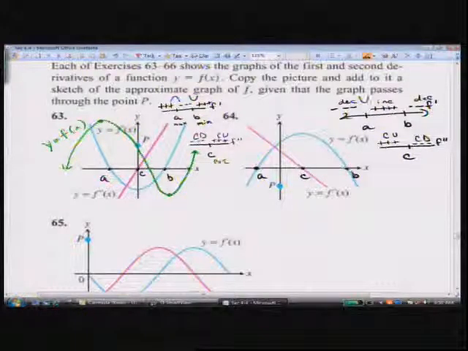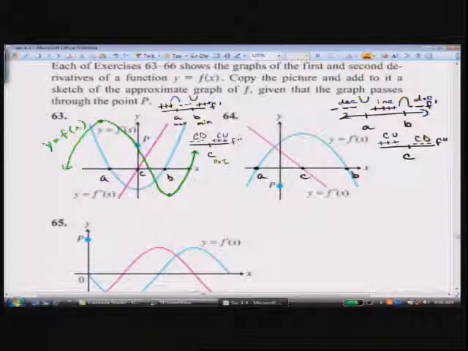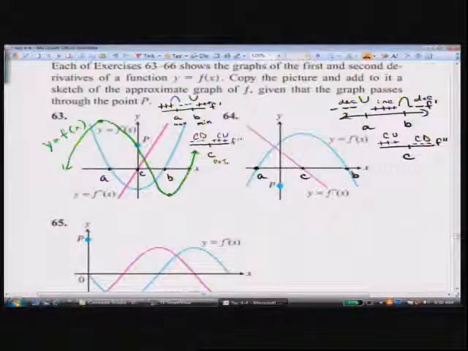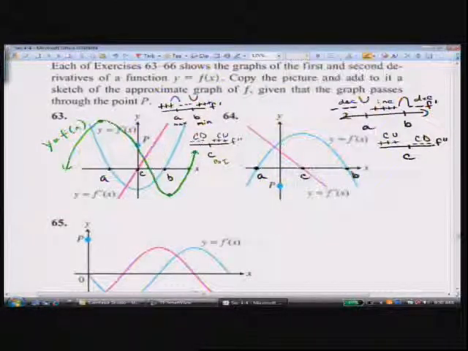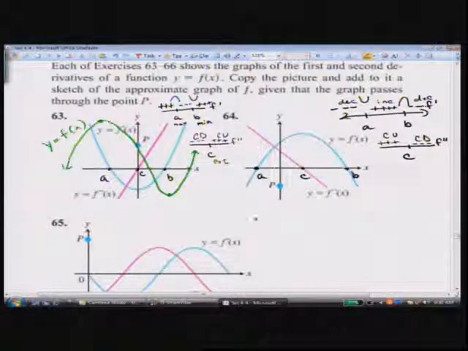So if we're decreasing and then increasing, we have a min. And if we're increasing, decreasing, we have a max. So we have a min at A, we have a max at B, and we have a change in concavity at C, and we know it goes through this point here. So graphing, we don't really know where that min occurs, but I'm going to put it below. So I'm going to do a min here. I have to pass through this point.